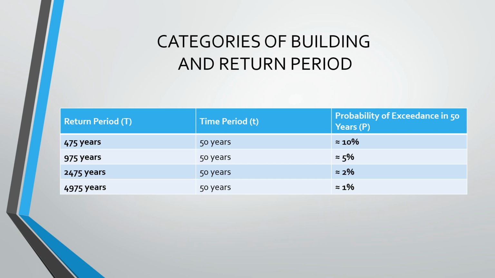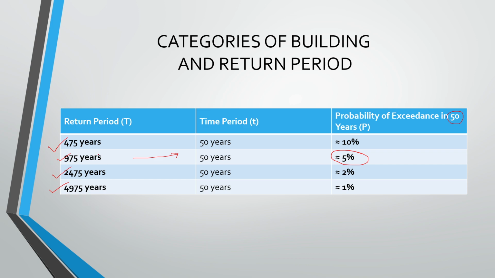As you know, there are different return periods for the categories of building: 475, 975, 2475, 4975 years. I have explained 475 years. Now 975 years return period means 5% probability of exceedance in 50 years.